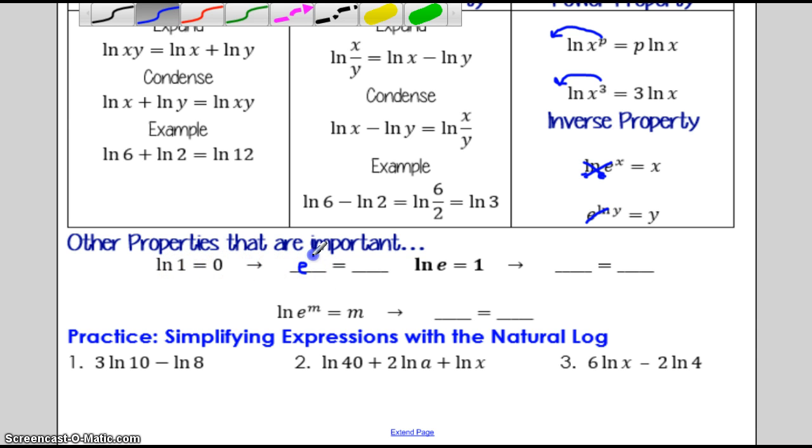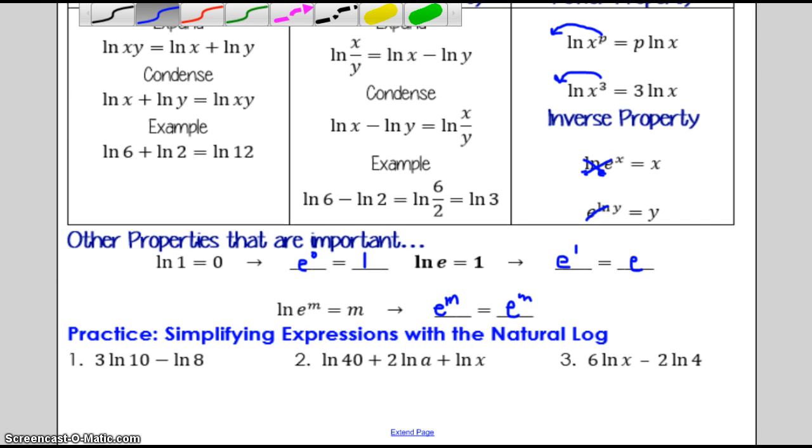So that's e to the 0 power equals 1. Still anything to the 0 equals 1. Natural log of e equaling 1. So e to the first, anything to the first is itself, so it's e. And then here, e to the ln m is going to be equal to m. Okay, so that's just basically what that's saying.